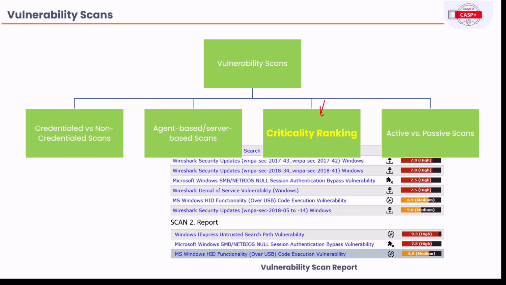Next is criticality ranking. When we conduct a vulnerability assessment and review the output report, it is crucial to present the reports in a clear manner that enables us to identify the most important vulnerabilities and take the appropriate action. Two vulnerability scans are depicted in this figure.